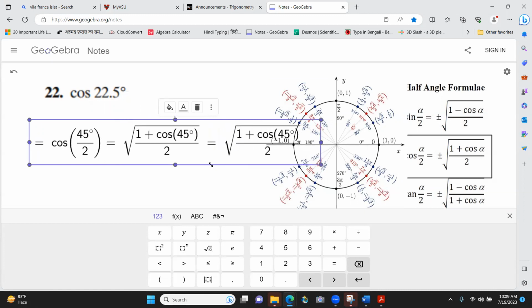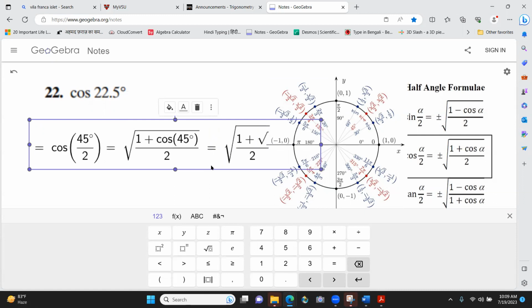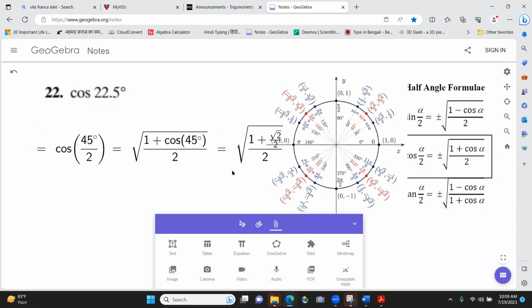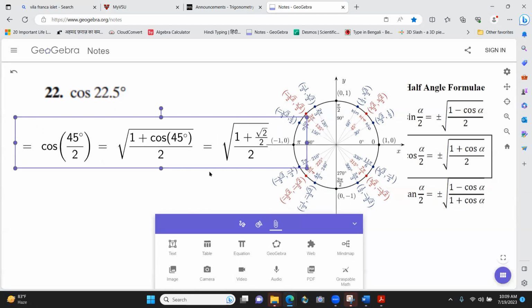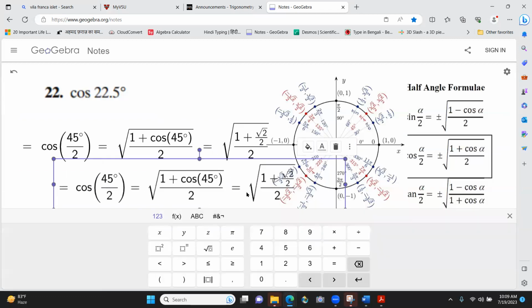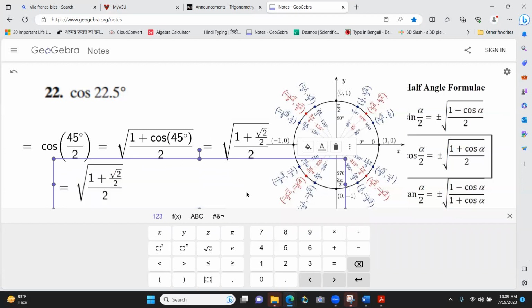And I'm going to write square root of 2 over 2 right here. And I am going to write, instead of 1, 2 over 2. And now that I have the same denominators, I can write 2 plus square root of 2.